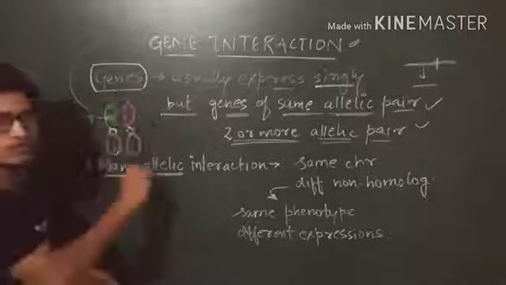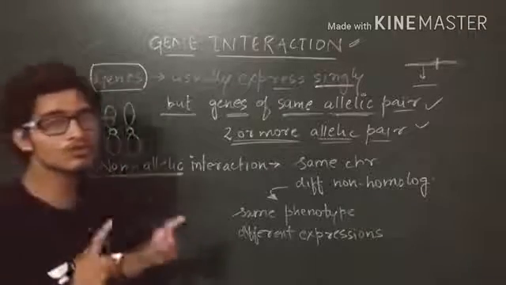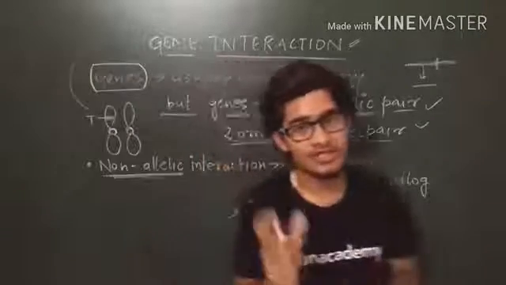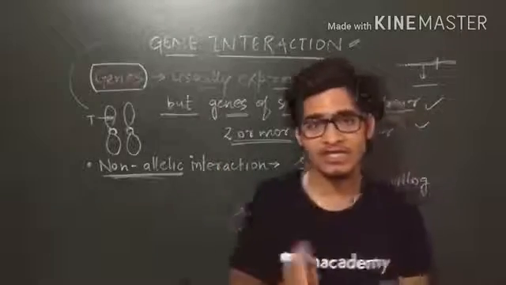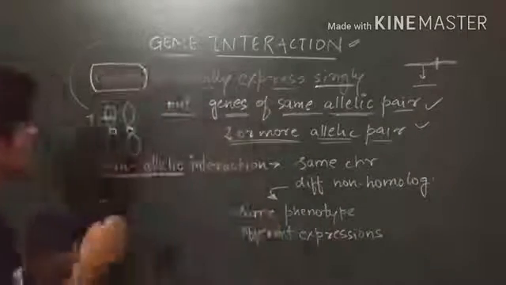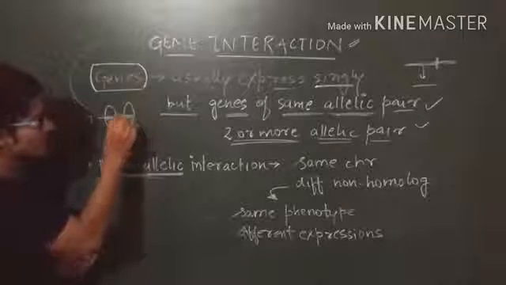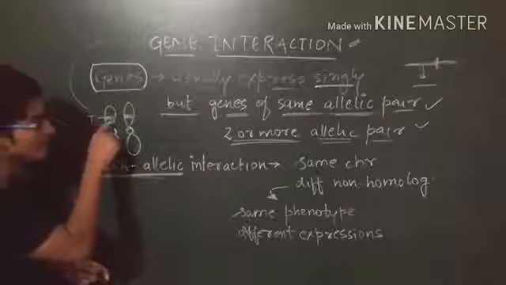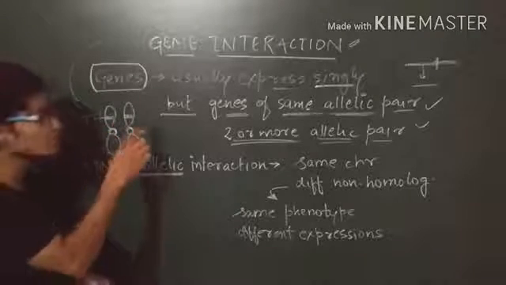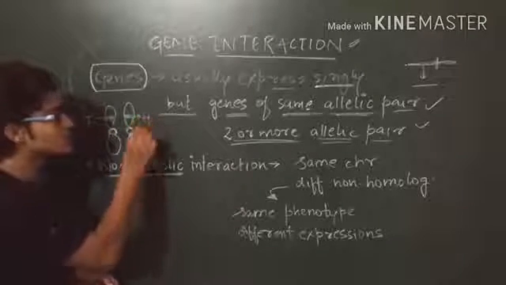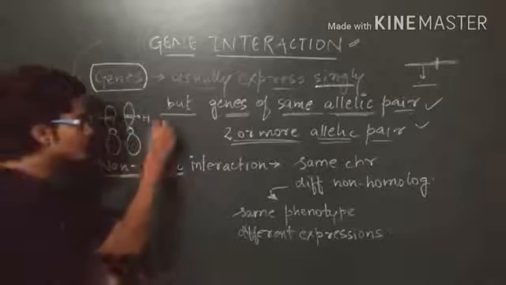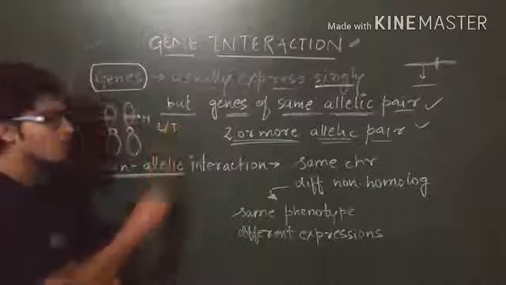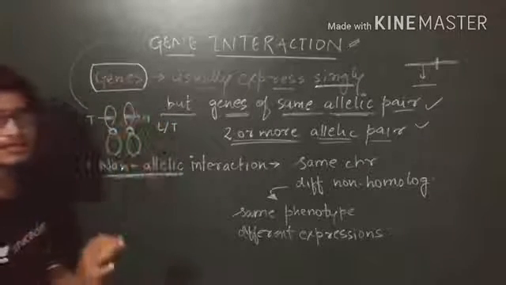Homologous chromosomes are those chromosomes in which the genes influencing the same character share the same locus. This means that if this is the gene of tallness, or we can say the gene of height, then at the same locus on the homologous chromosome, this is also going to be a gene of height. It does not matter whether it is dwarf or tall, but it must be for height.